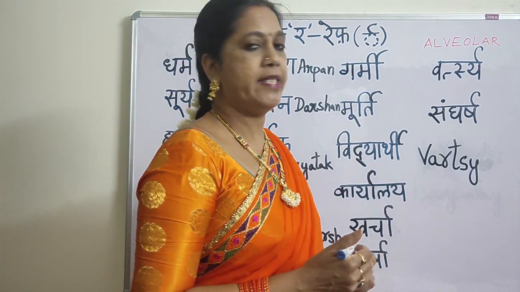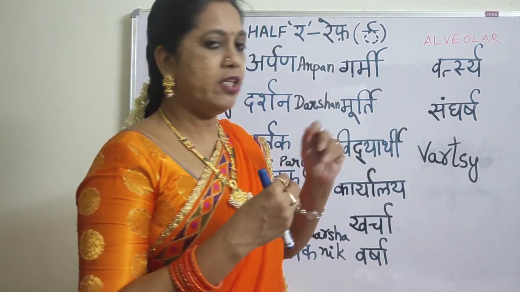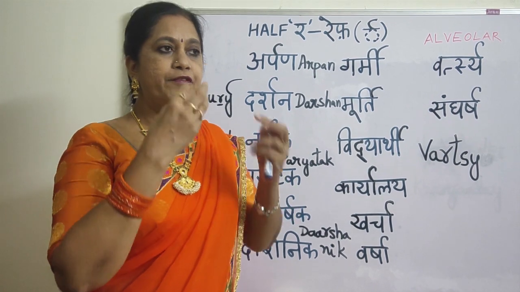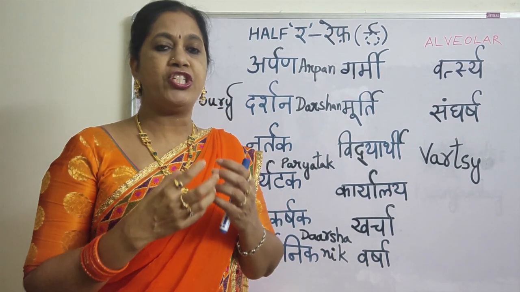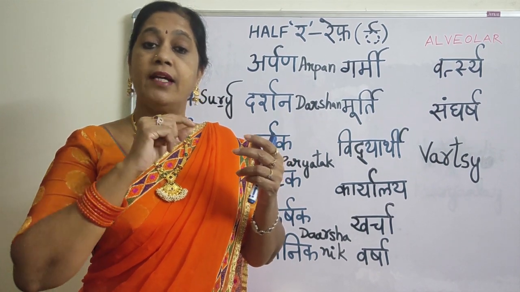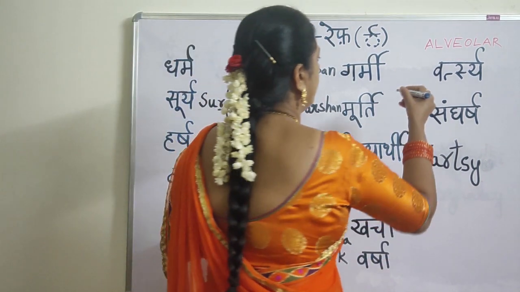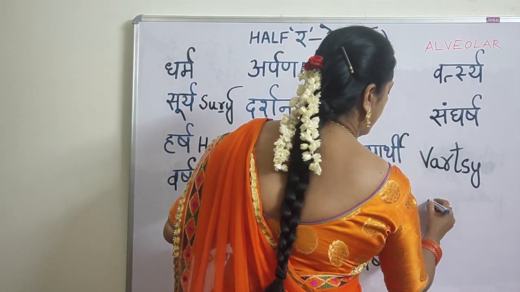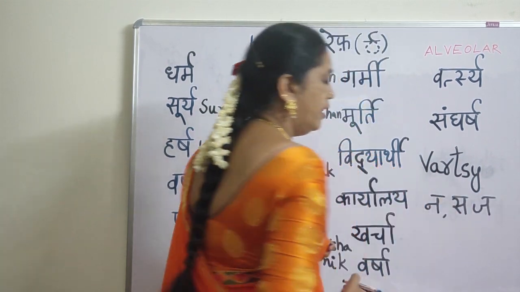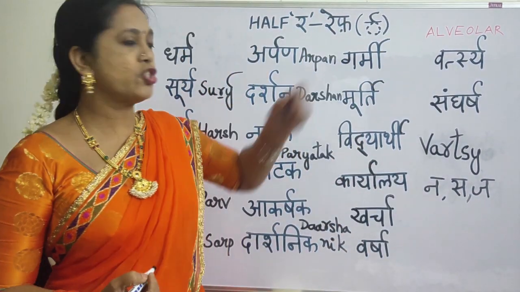Now the meaning for this, for that alone I've given the meaning. Alveolar is the part in your mouth where you pronounce a few sounds like sa, na. Which na am I saying? The ta varg. In that ta row, you have the na which is there, no? In this alveolar, like na, sa, ja, these letters, the place where you pronounce them is called alveolar.